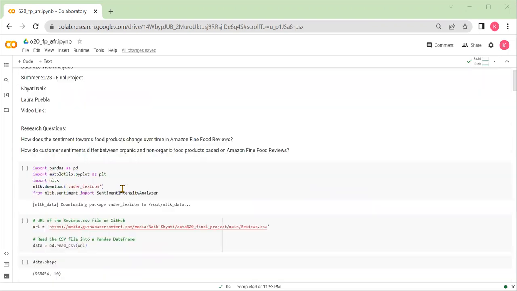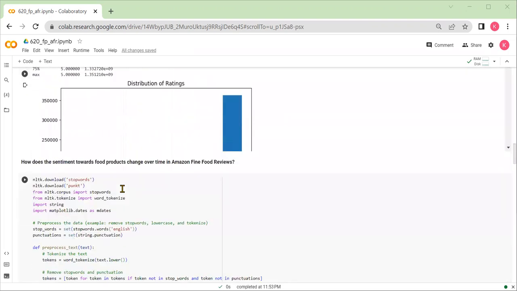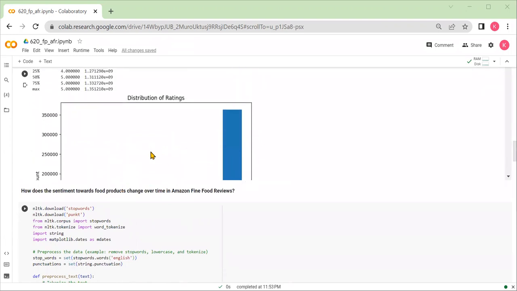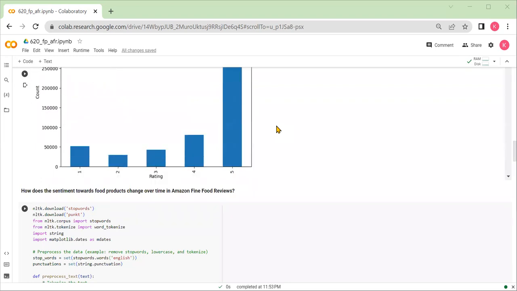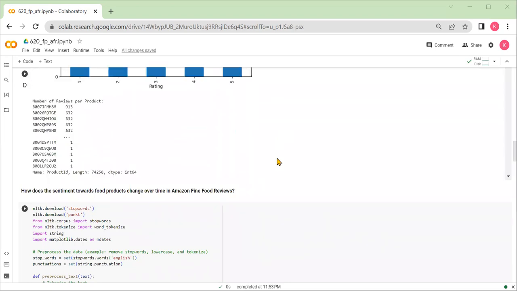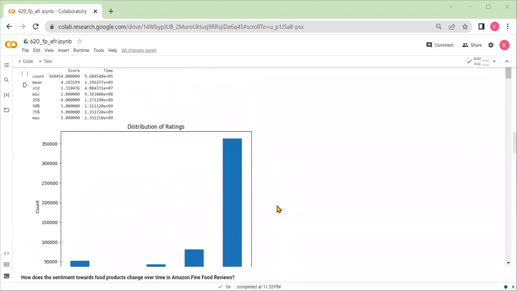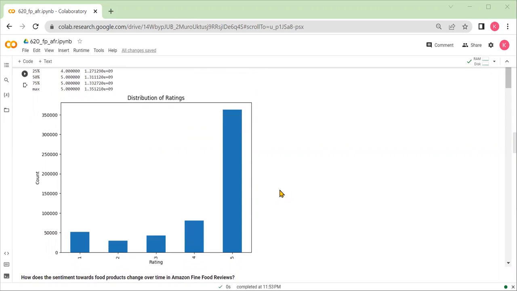And as we can see from the graph here, we can see a distribution rating graph.